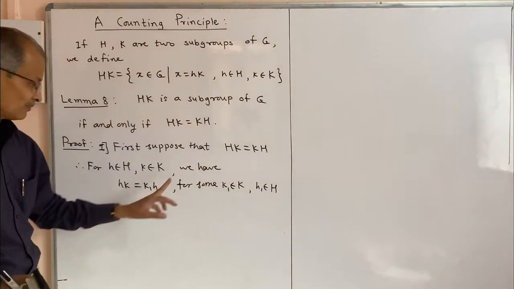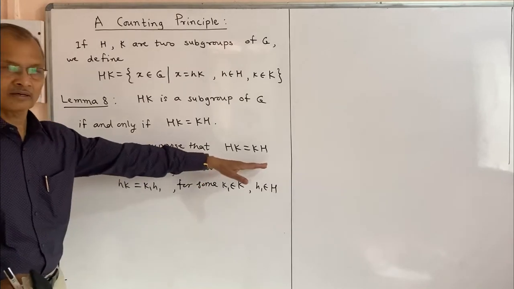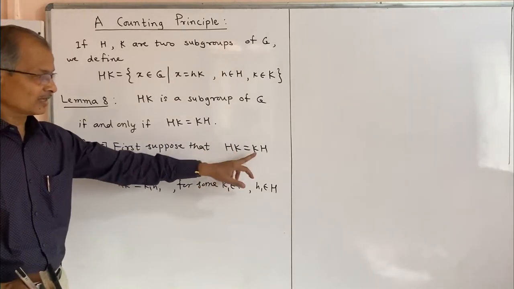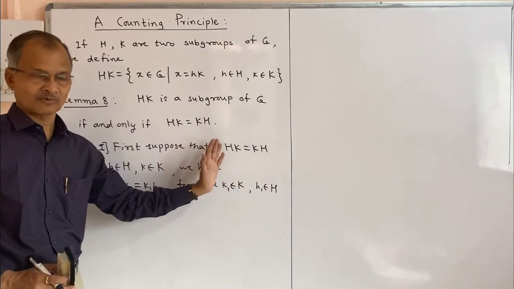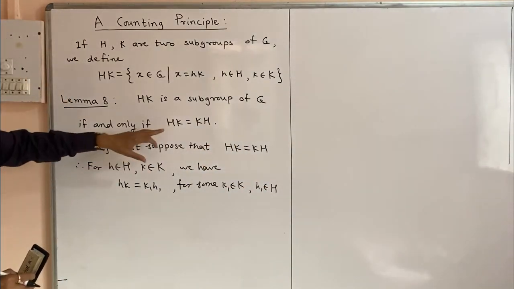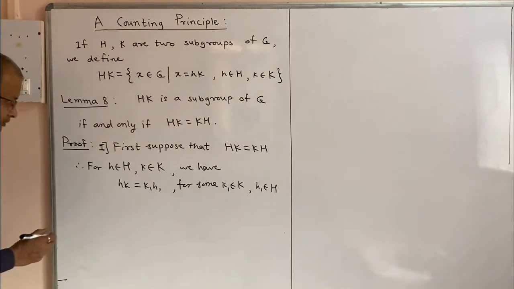An element in HK is equal to an element in KH, because set equality implies every element in HK is in KH and conversely.